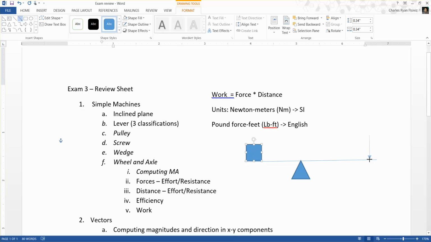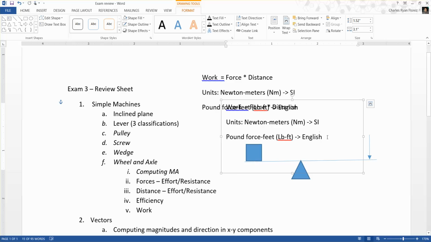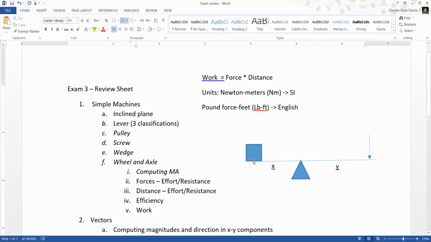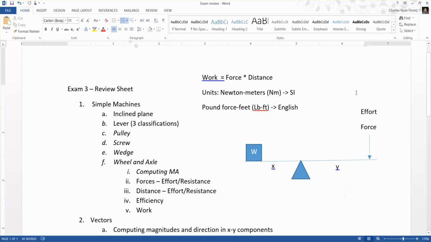Because we can have distances like x from here to the fulcrum and y from the fulcrum to the effort force, and we know that this has some kind of weight on it. We know that we're applying some effort force on it.